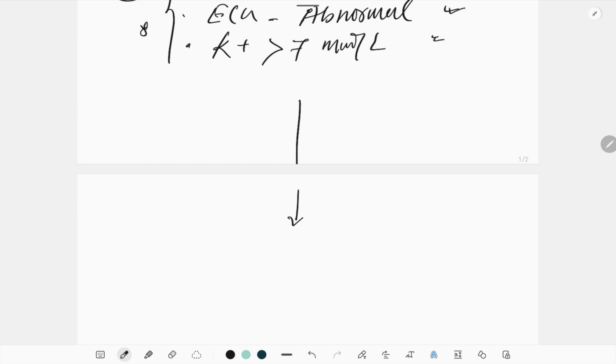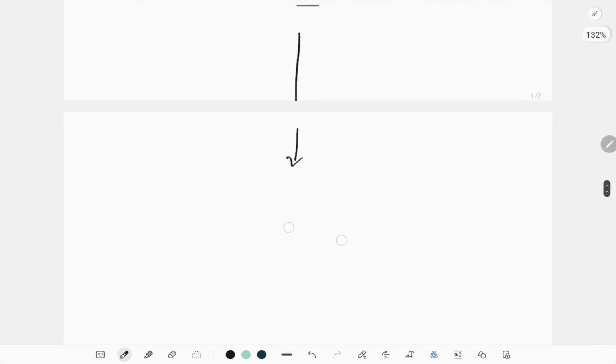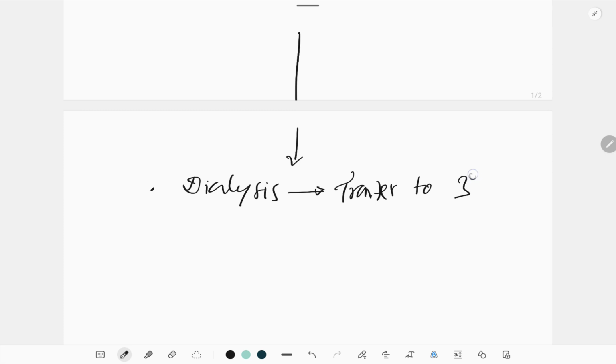So what will be the management for category A? At first, very urgently, we will discuss with the patient or patient family member regarding dialysis. The patient needs dialysis on an emergency basis, and for further better management, the patient may need transfer to a tertiary care hospital.